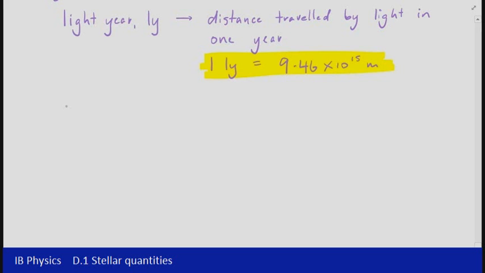The second one that we'll look at is the astronomical unit. The symbol that we use for the astronomical unit is capital A, capital U, and this one is fairly straightforward. It's the average distance between the Sun and the Earth.